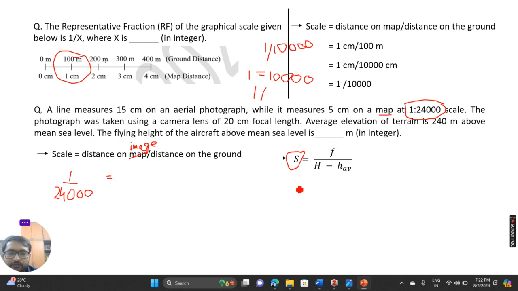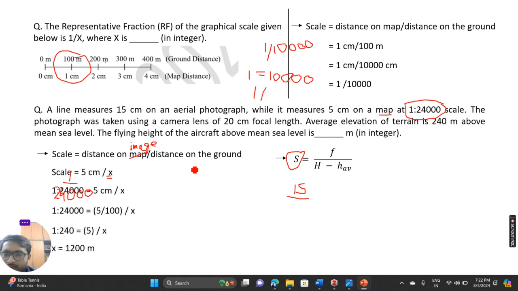So on the image it is 15 centimeter. Now what will be the distance on ground? First of all we will use the scale given to us, which is 1 to 24,000, equivalent to 5 centimeter on map, and we have to find the corresponding value on ground.